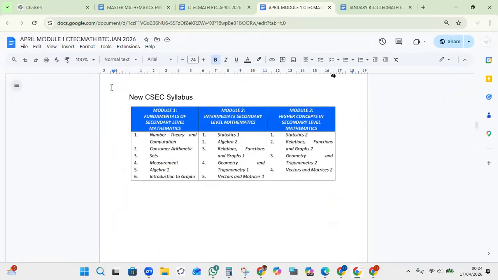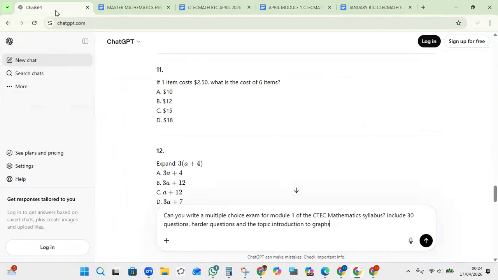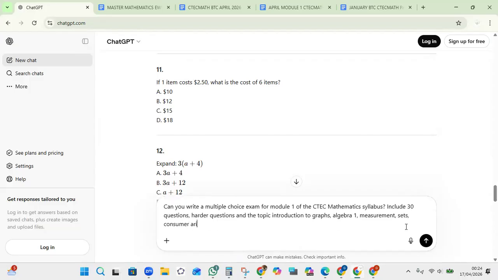Let's make sure that these topics are there: number theory, consumer arithmetic, introductory graphs, algebra 1, measurements, sets. Okay, because it's 6 topics. 1, 2, 3, 4, consumer arithmetic and number theory.